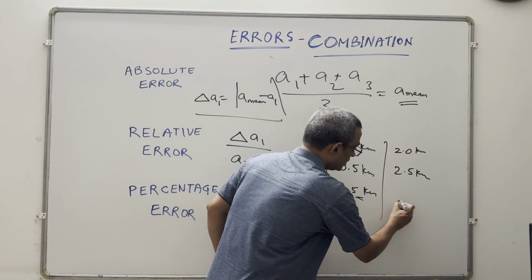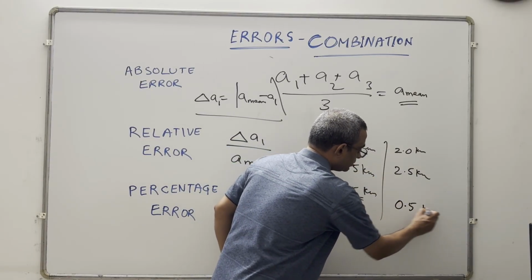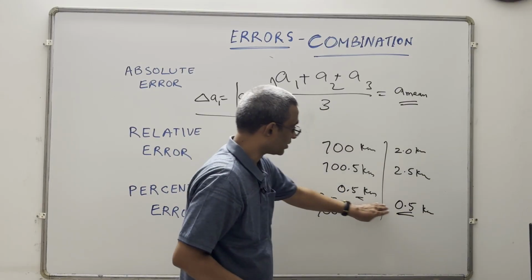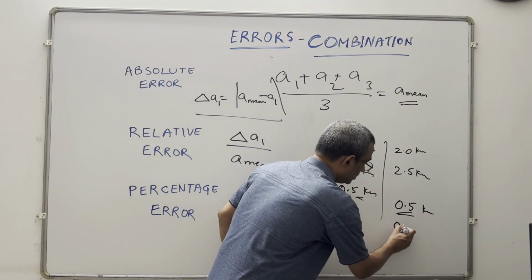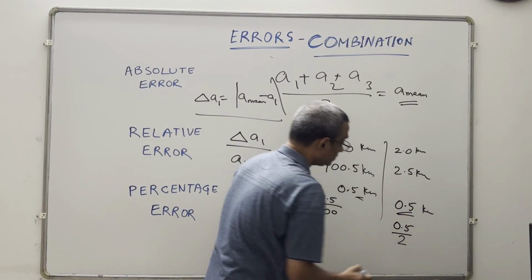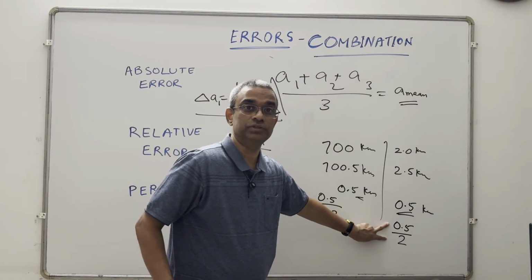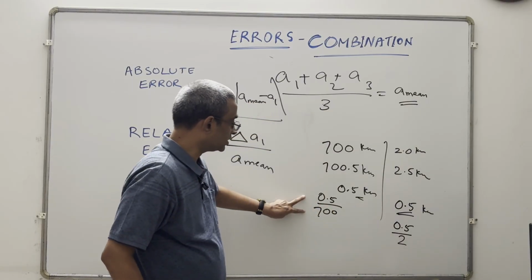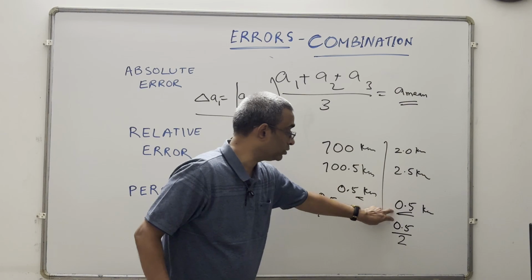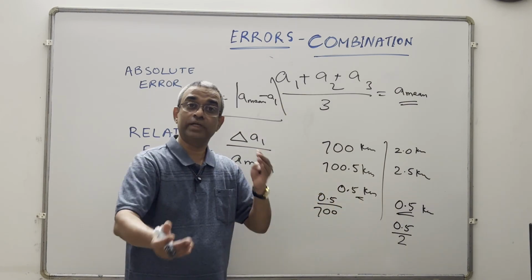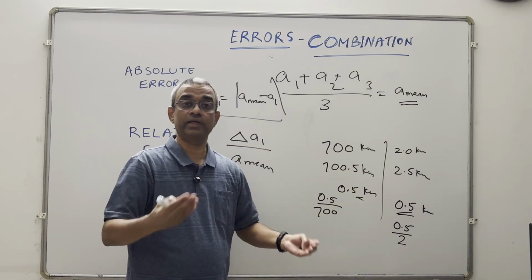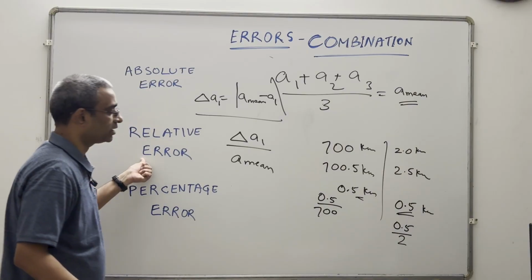So here the absolute error is 0.5 kilometers. But the relative error, look at this. This error is huge, whereas the other is small, even though the absolute errors are the same. So to get an idea of how big the error is, we need the relative error.